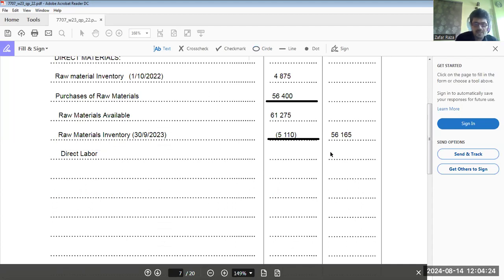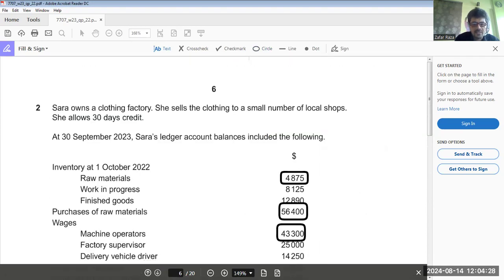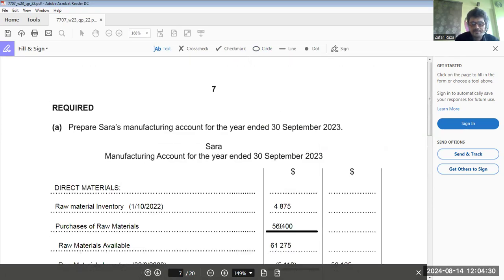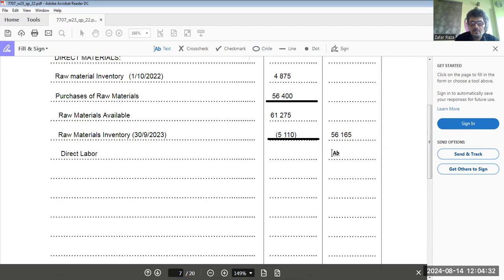That was 43,300. Okay. Getting my point clear? So direct material and direct labor. There are no direct expenses available.